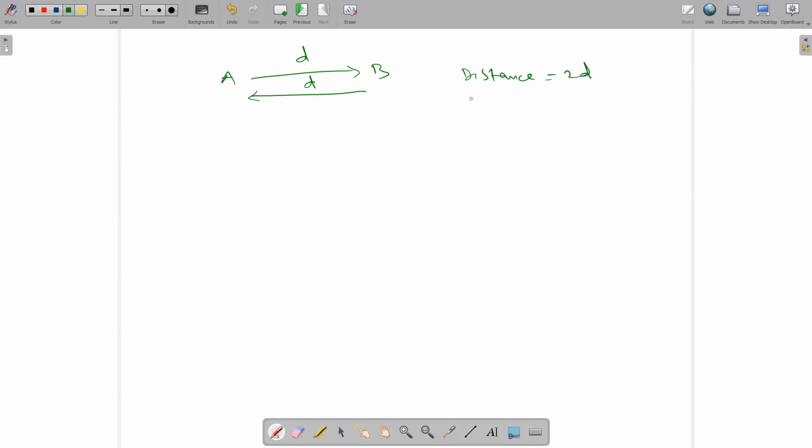But we know that the displacement is 0 because it is D minus D, and this is a vector quantity. So it will cancel and the answer will be 0. So you should remember this one thing. And the second thing, which is very important, is the coordinate system.